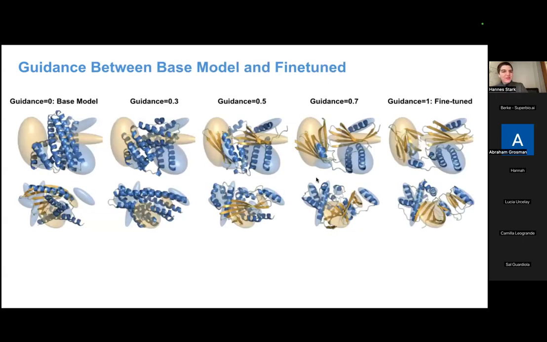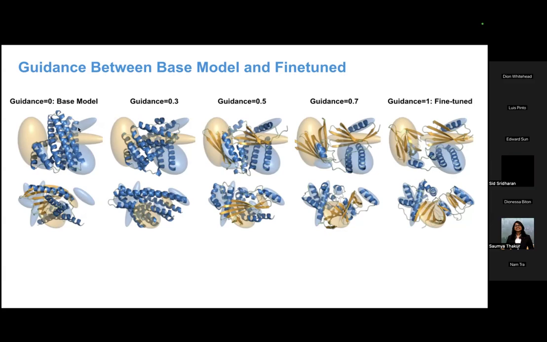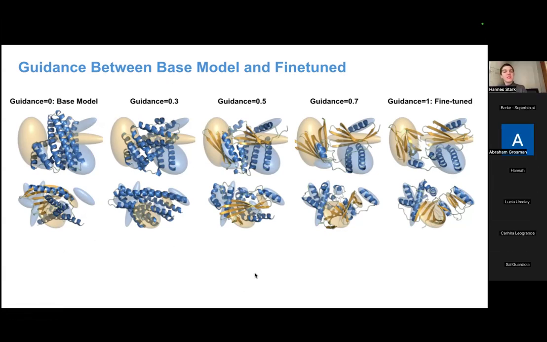And we visualize this here as well. We have two rows here, and in each row you have a different ellipsoid conditioning. And then in each column, we draw a sample from our generative model, but with a different guidance strength of how strongly the generated structure should adhere to the ellipsoid layout. We find that, of course, if you have no guidance at all, then it doesn't adhere to the ellipsoid layout at all.